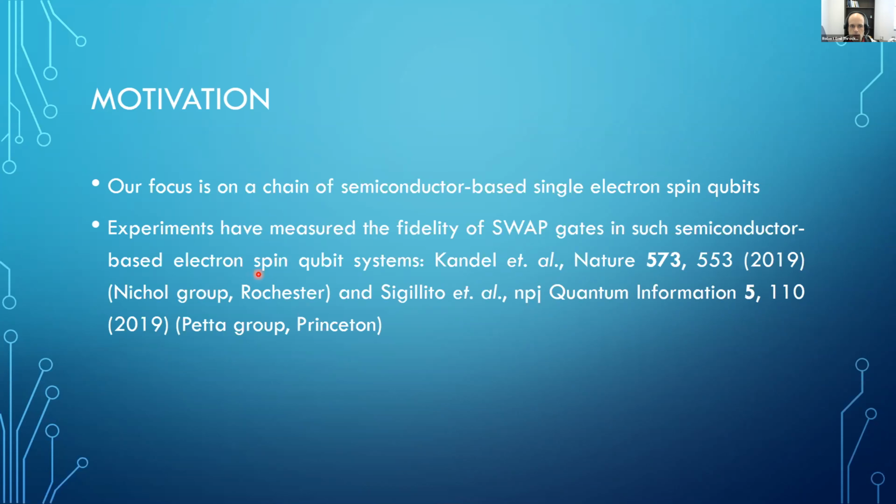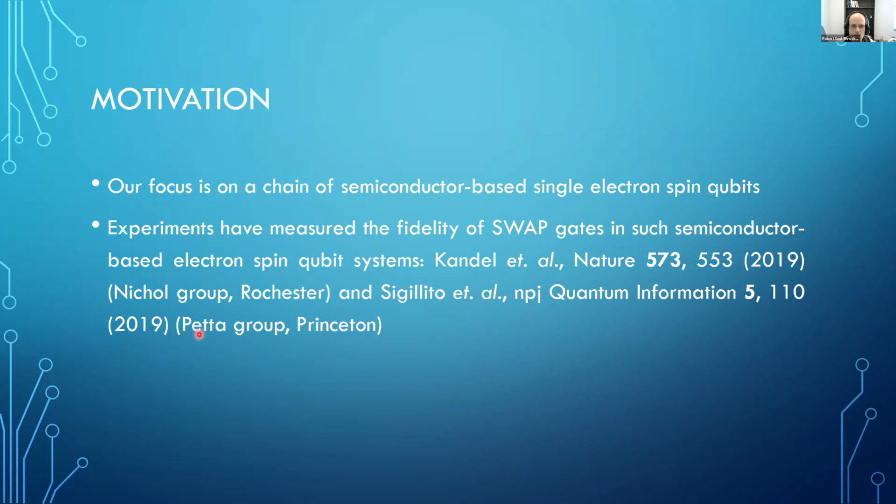And we're motivated especially by two experiments that have been performed measuring the fidelity of swap gates in these types of systems. One of them was performed at the University of Rochester by John Nichols' group, and another one performed at Princeton by Jason Petta's group.